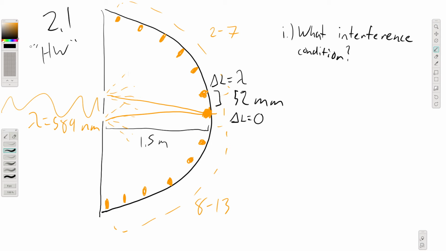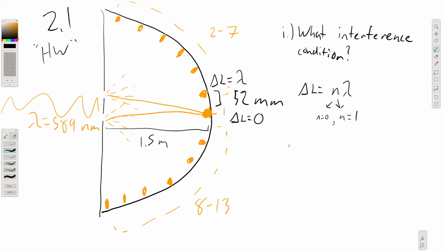Come back to that later. Alternatively, you could think of this as the general form: I need a delta L that is n lambda, and my two n's here are n equals 0 and n equals 1.